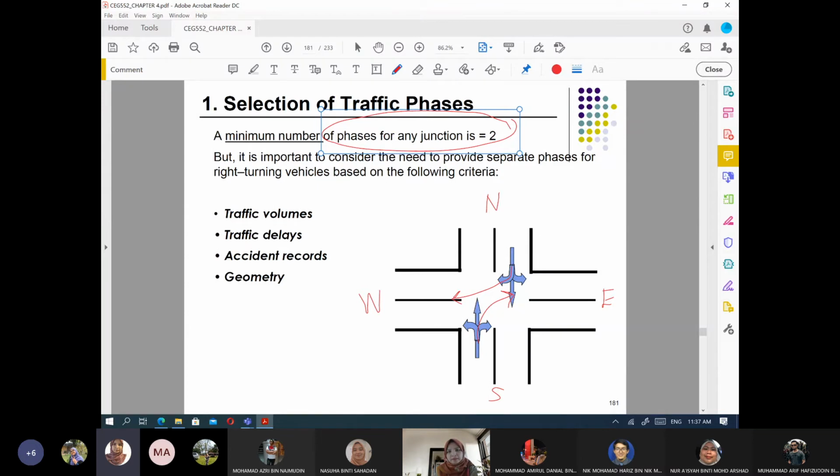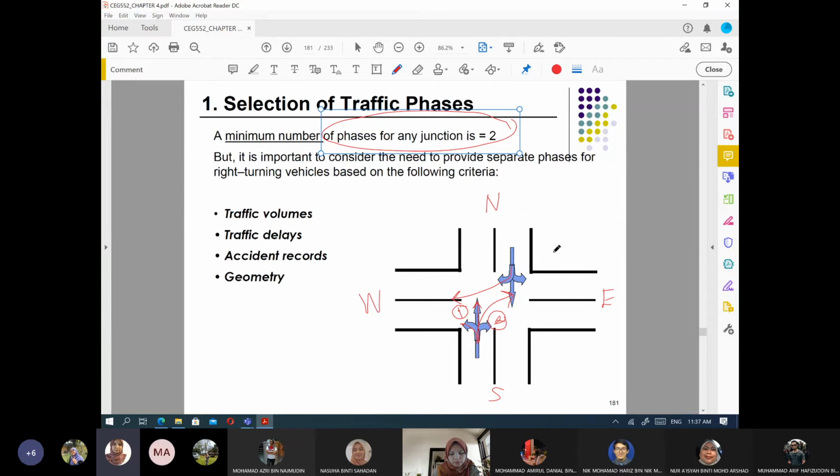Okay, so ni dalam keadaan yang kita kata rare lah, jarang berlaku. Kebiasaannya we would give those left turn and right through fasa 1. Yang right turn ni kita akan bagi dia fasa lain pula untuk dia gerak sendiri. Fasa kedua untuk right turn sahaja.